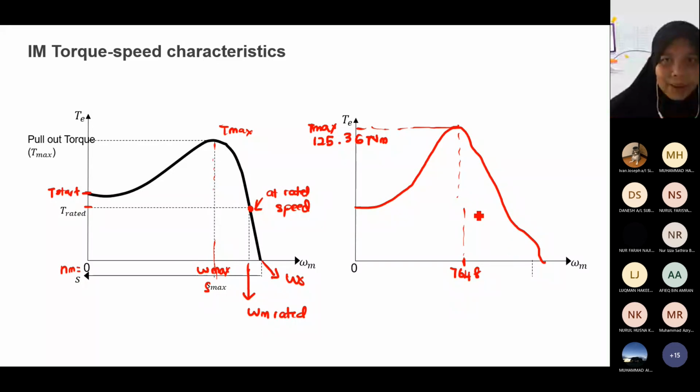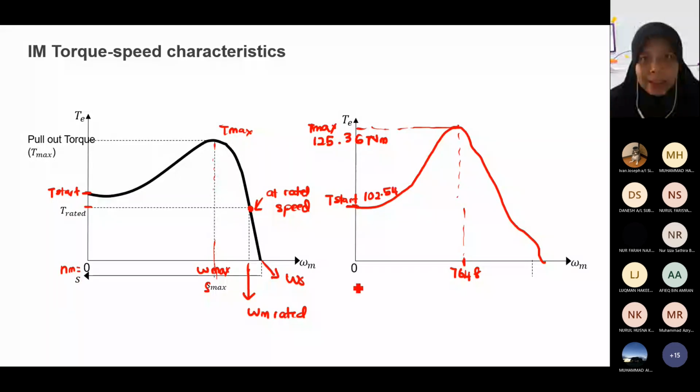Betul? And what is the starting torque yang kita dapat previously? T start is equal to 102.54. Okay, this is your starting torque where your speed here is equal to 0. And you also calculated for the rated torque. Yang ni 1500, your synchronous speed NS.